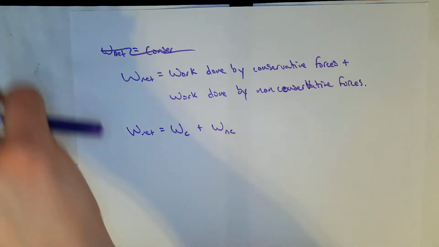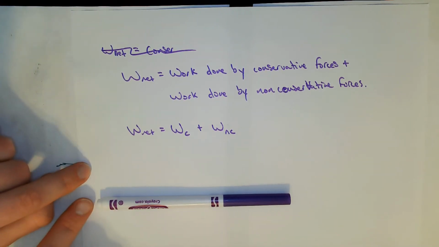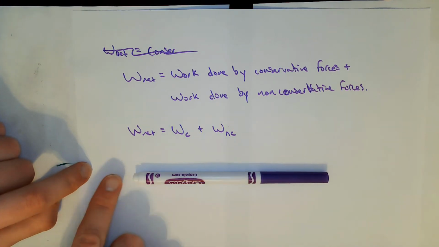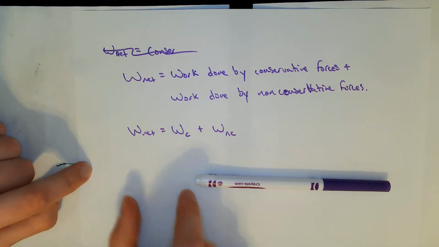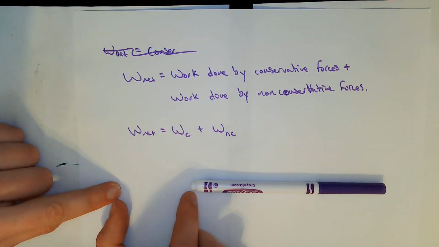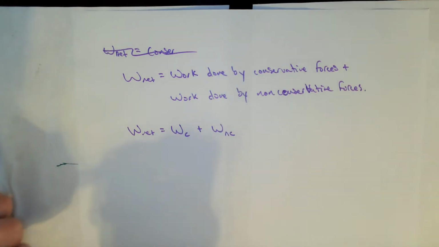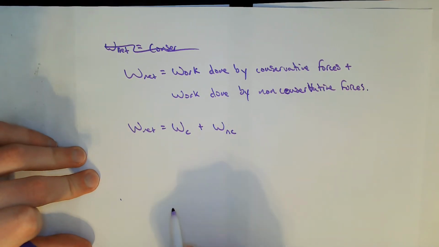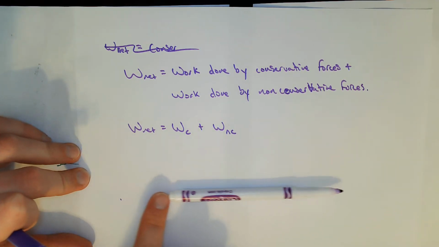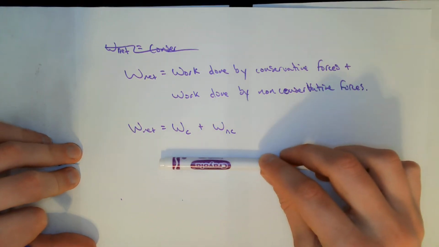So thinking about an object being pushed horizontally from here to here, that work done by this horizontal force to push the pen this far would be the same as the work done if I pushed it this way and then this way.